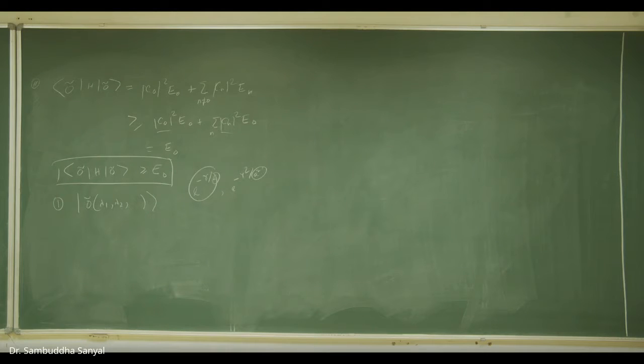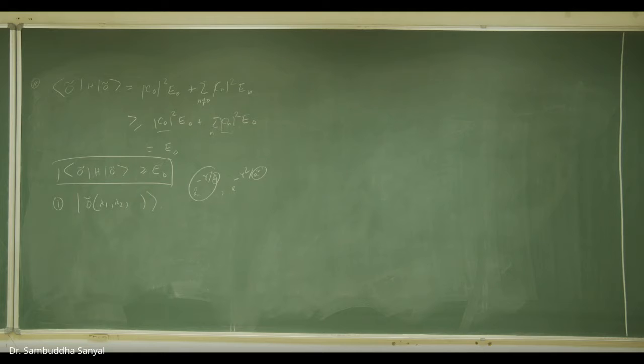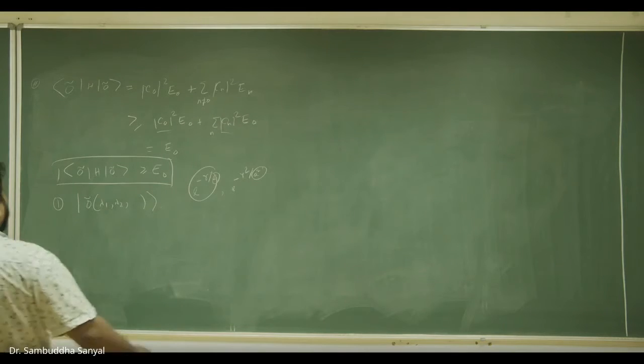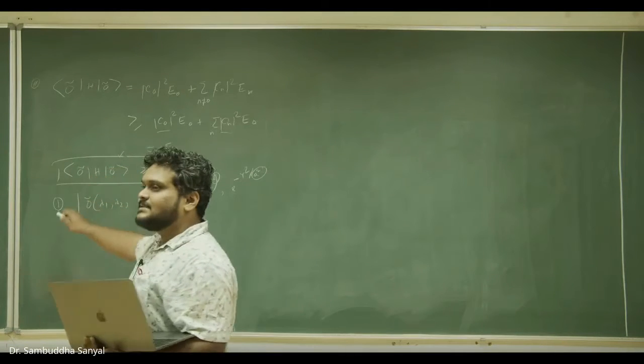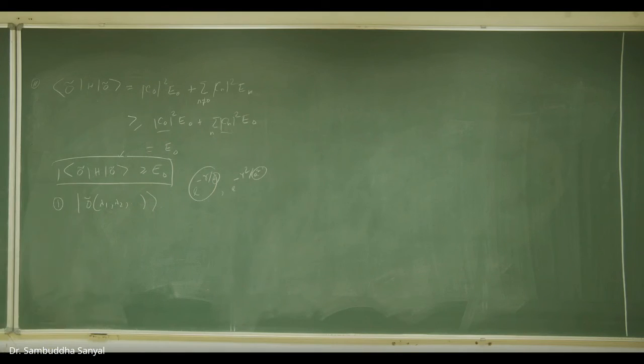Can you repeat that conclusion again? So you understood this point, right? That your trial ground state will always overestimate the ground state energy. It will always be higher than the actual ground state energy.